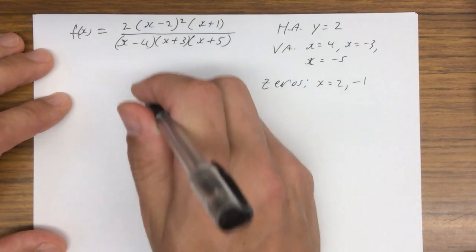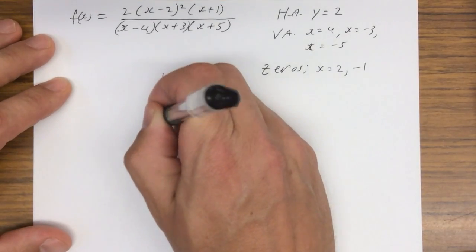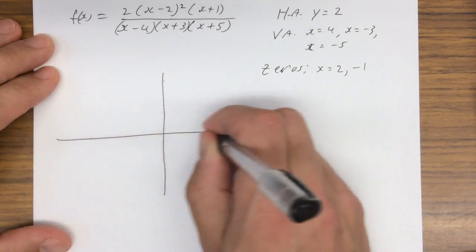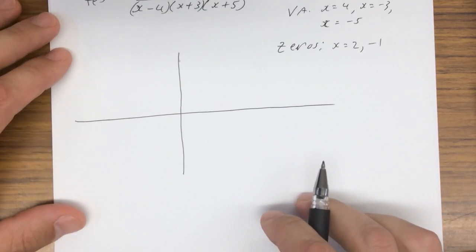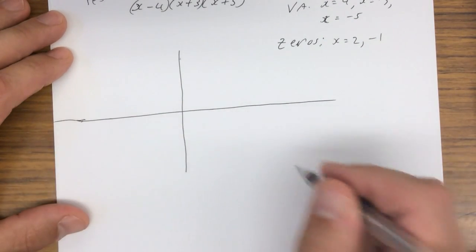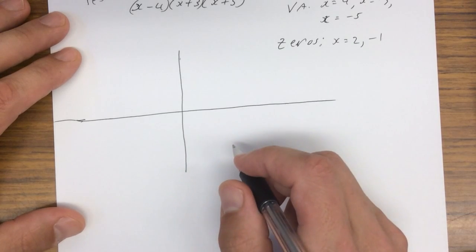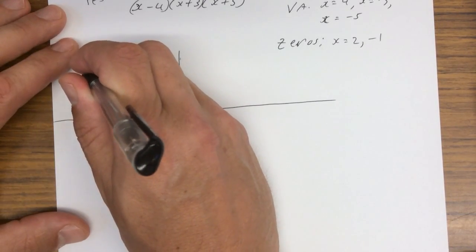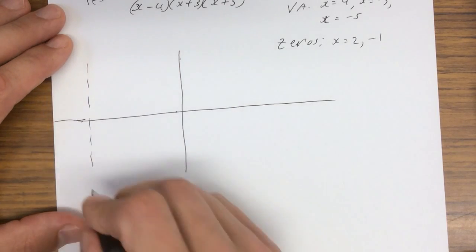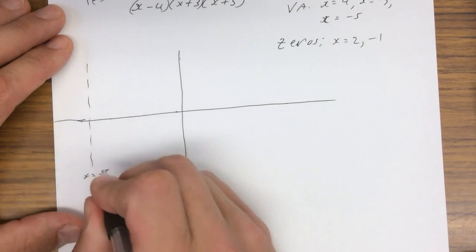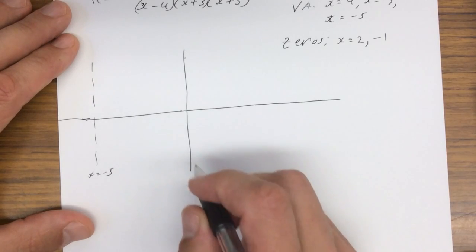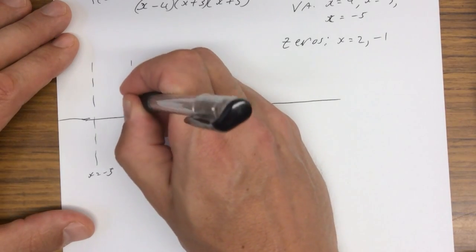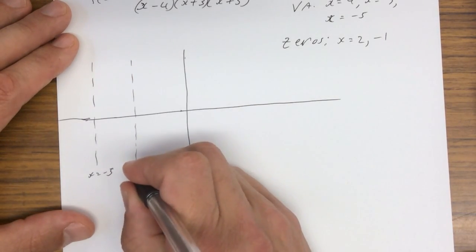Okay, so let's try and graph this. Well, make it a little bit bigger here than the other ones. Okay, so go over here. We've got at negative 5, we're going to have a vertical asymptote. So x equals negative 5. And at negative 3, we're going to have a vertical asymptote.